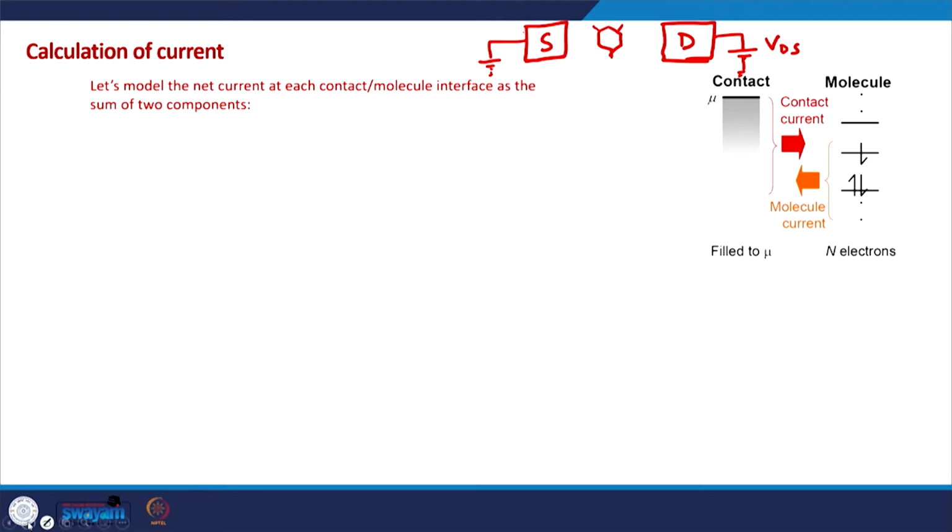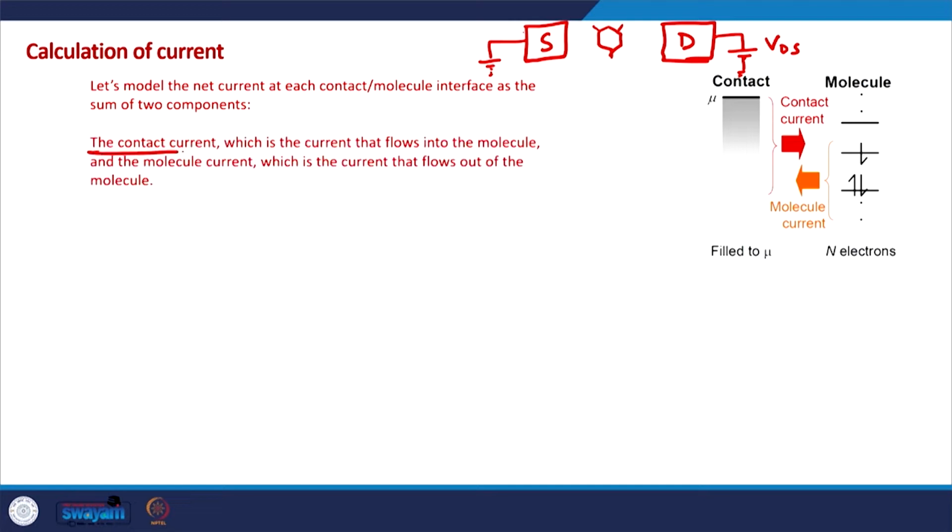One is known as the contact current, which is the current that flows into the molecule. The current from the contacts to the molecule is termed as the contact current, and the second component of the current is the molecule current, which is the current that flows out of the molecule. The total current will be a proper sum of these two components.